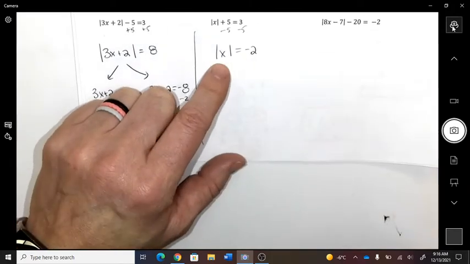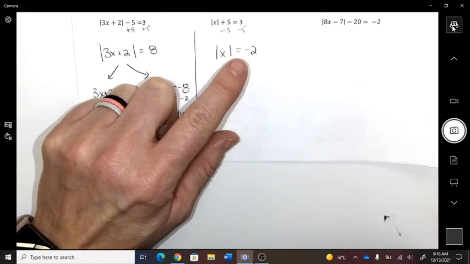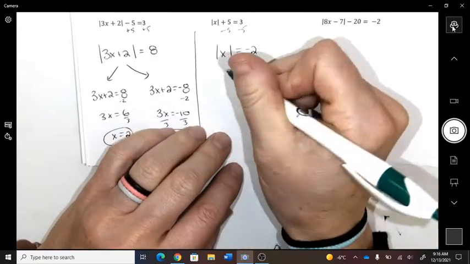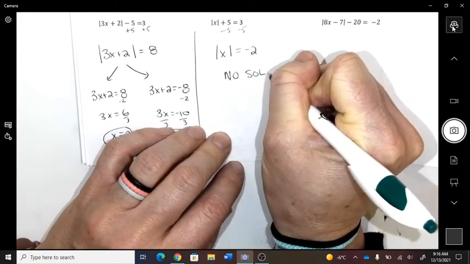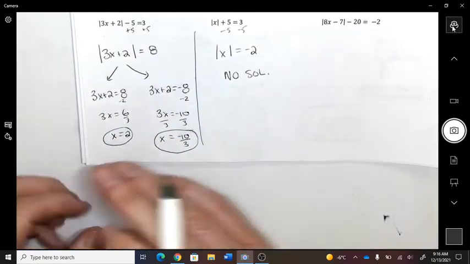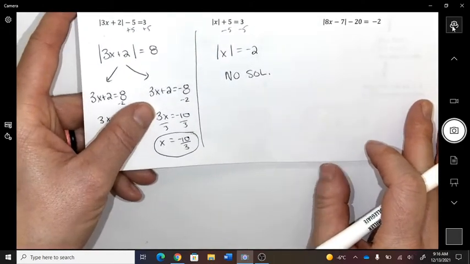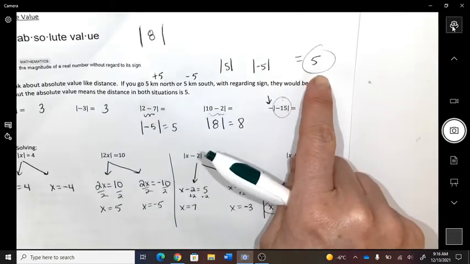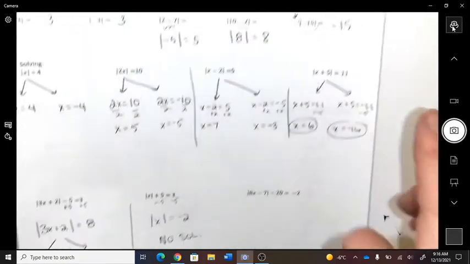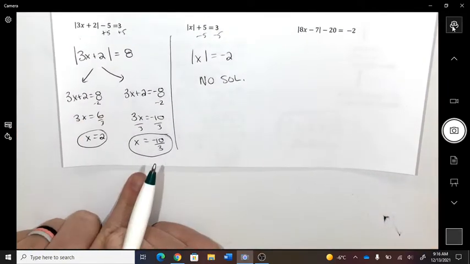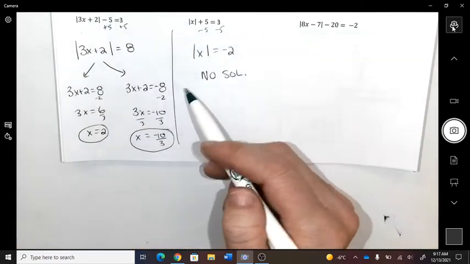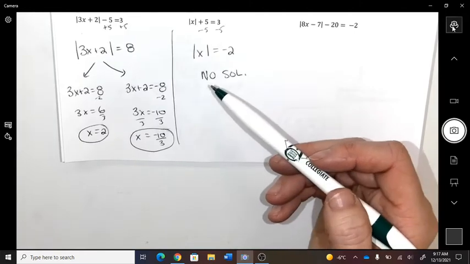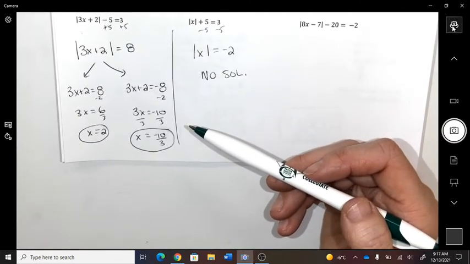When I absolute value something, will its result ever be negative? Nope. You cannot absolute value something and have it be negative. The absolute value of negative 5 is positive 5. If I absoluted 2, it would turn into 2. If I absoluted negative 2, it would turn into 2. Nothing you can absolute will turn into negative.